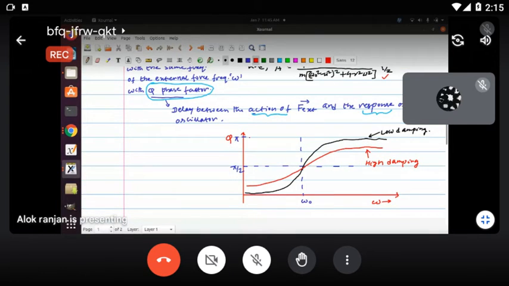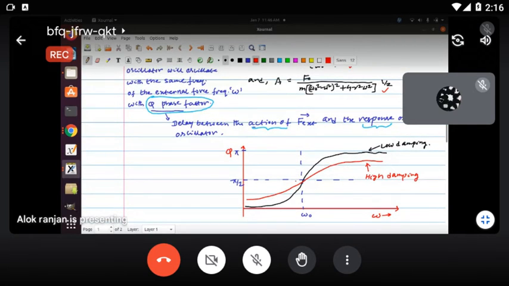And when phi equals pi, that's again the same. But when we have pi by 2, it will be out of phase. And depending on the damping, whether it's low or high damping, the response curve will be here. Because if the damping is high, then the delay will be more. If the damping is low, the delay will be less. So that's what the plot represents.